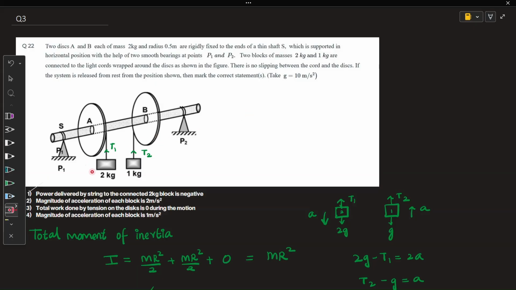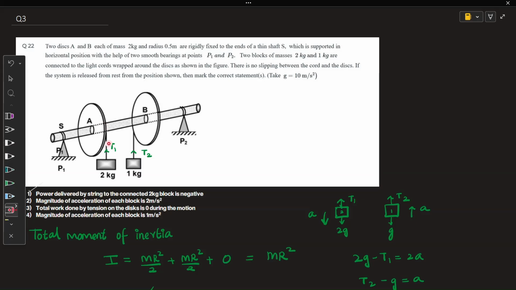The total moment of inertia of the system, without considering the shaft because the shaft's moment of inertia is zero, and these two are disks of same radius and same mass, so mr square by 2 plus mr square by 2, which is mr square. And for this 2 kg, there is a T1 acting upwards and a 2g acting downwards. And for this, T2 is acting upwards and g acting downwards.